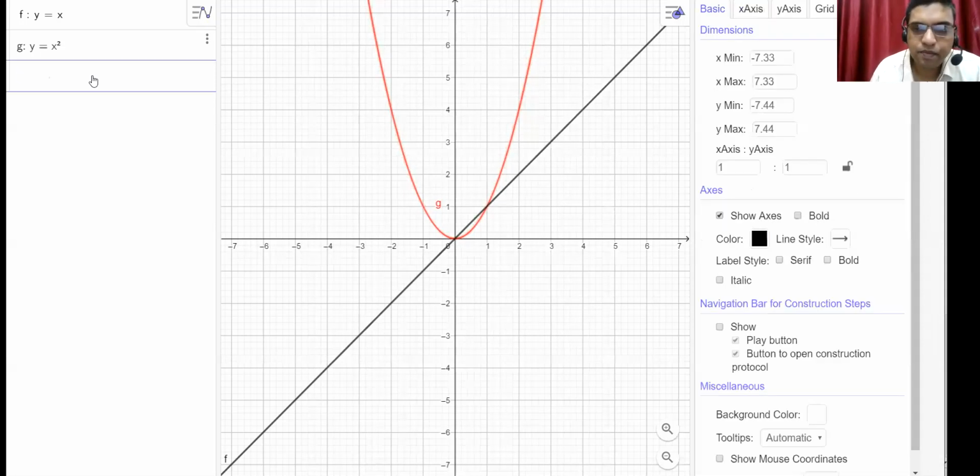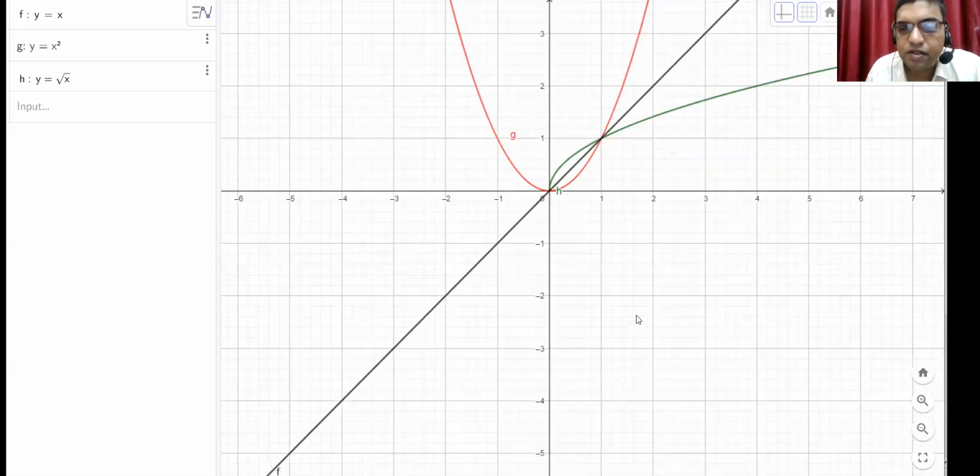All right. Next, y equal to square root x. This is the graph.